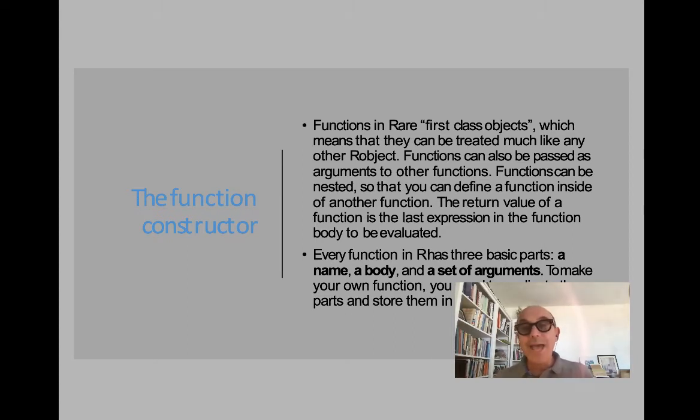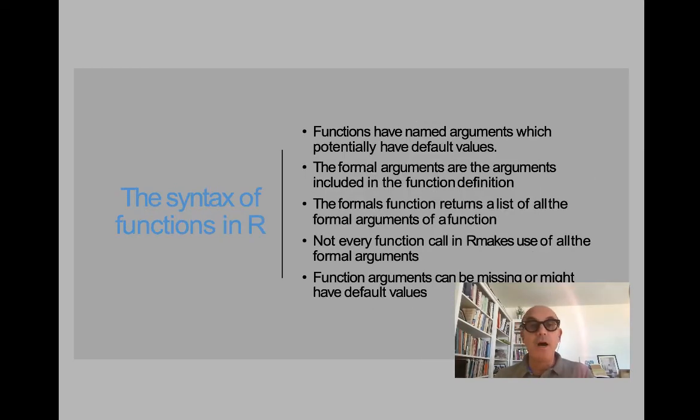In this case, a function in R has 3 basic parts: the name, the body, and the set of arguments. To make your own function, you will need to replicate those parts and store them in R. The syntax of the R function is usually the arguments that you are trying to make, and not every function can be remade. R makes all the formal arguments, and we will encounter that throughout the semester.